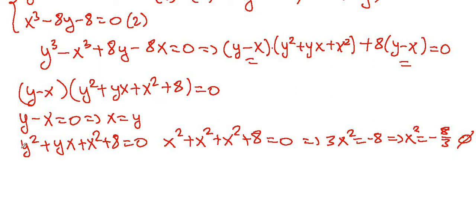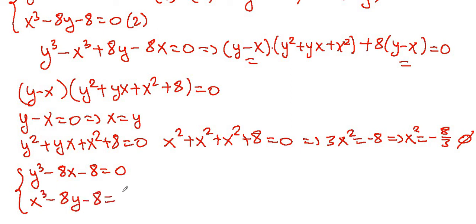So, and let me rewrite our system of equations. y cubed minus 8x minus 8 is equal to 0, and x cubed minus 8y minus 8 is equal to 0.